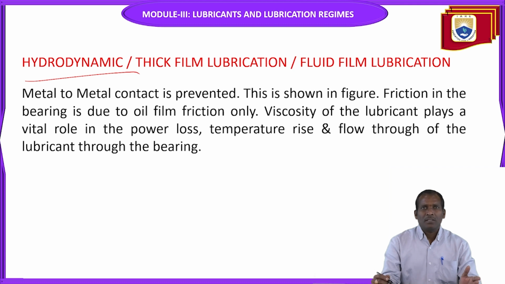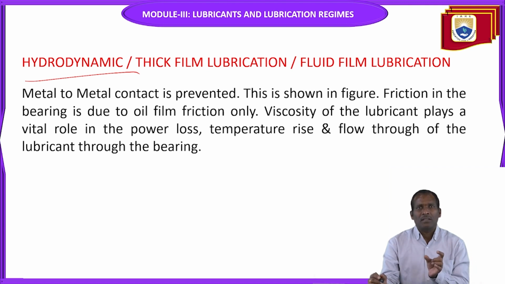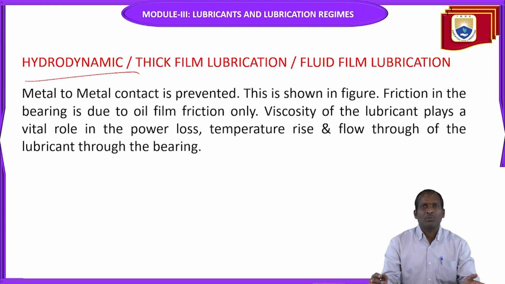First we will study thick film lubrication. Why is it called thick film lubrication? There is a good separation between one surface and another surface, so metal to metal contact is completely prevented, because sufficient film thickness is maintained between the two contacting surfaces.